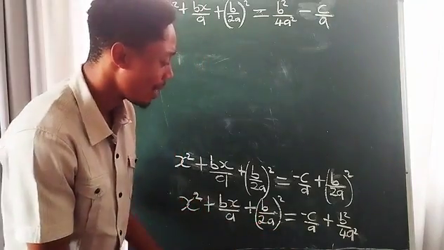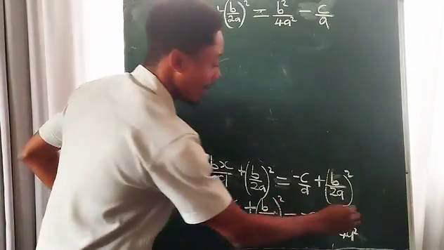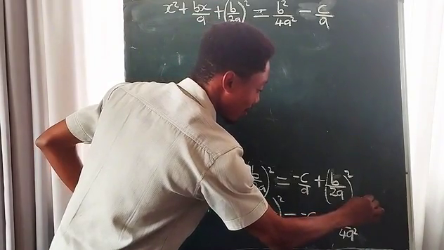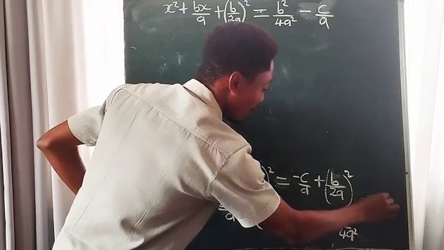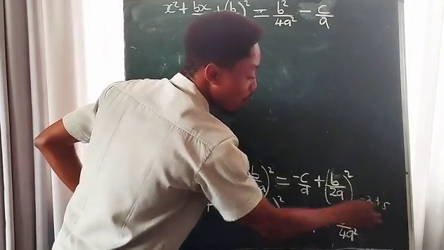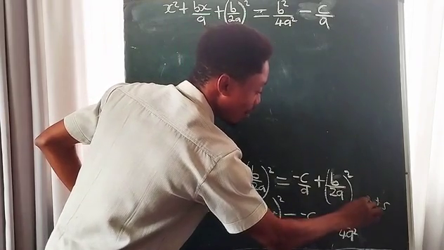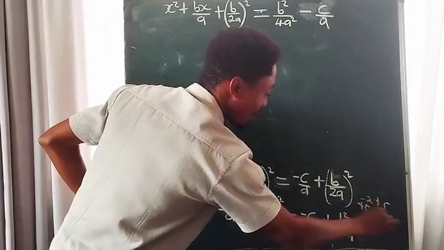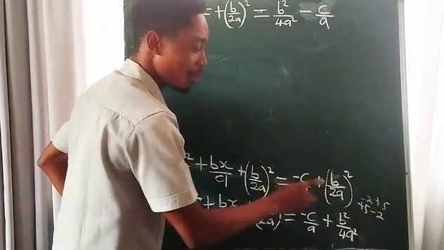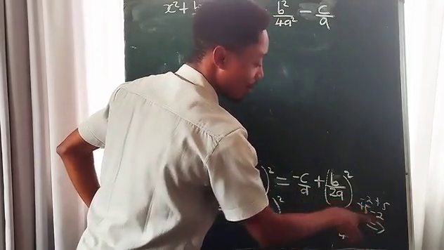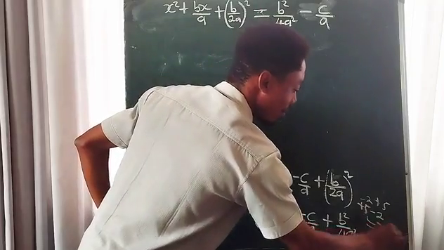Now I want you to know that if you have something like minus 2 plus 5, for instance, minus 2 plus 5 is the same thing as plus 5 minus 2. Now there's a reason why I am showing you this, because this becomes 5 minus 2.